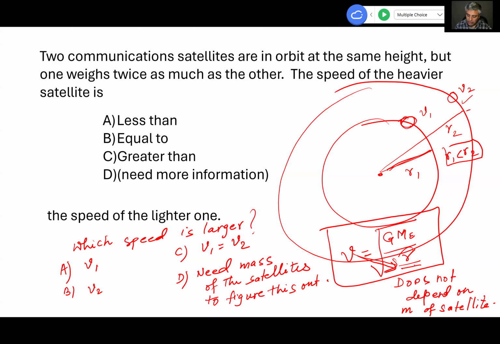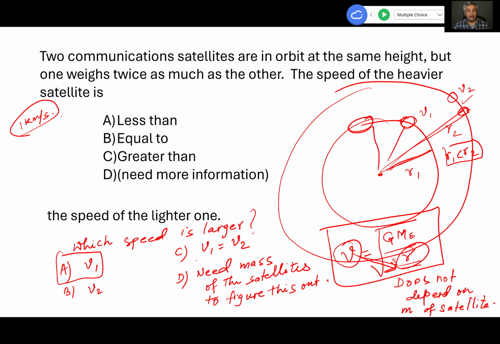R1 is smaller means V1 is larger. The speed is equal only when they are at the same distance, okay? But if one is farther, then it's going to be moving slower. For example, we saw the Moon at that distance. The speed of the Moon was around 1 kilometer per second.